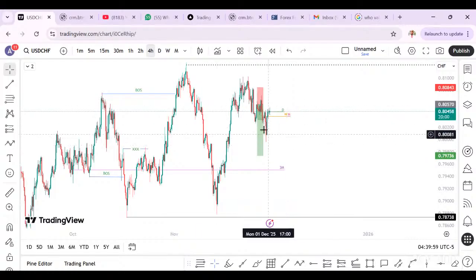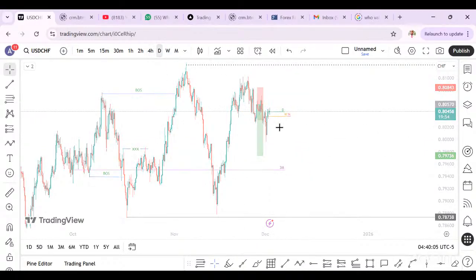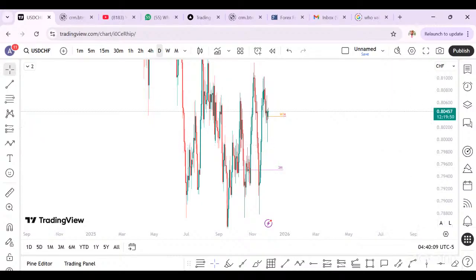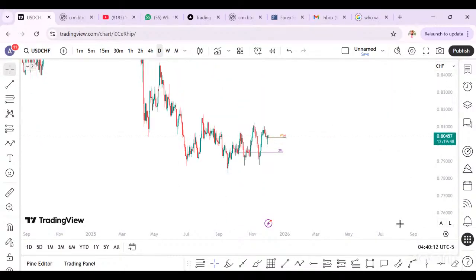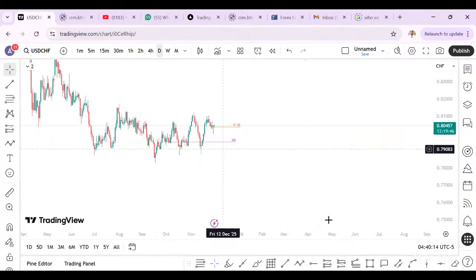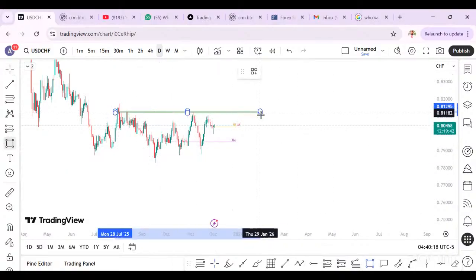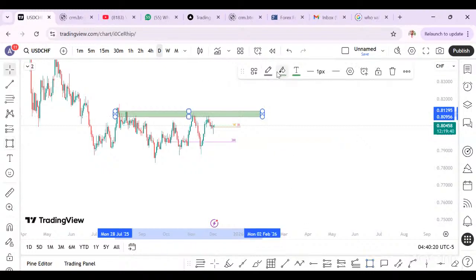USD-CHF: if you are not in the trade, just leave it alone. Even myself, I exited my trade already. It's not clear. I don't like to trade these things that are just ranging. On the higher time frame, you can see this pair is just ranging.